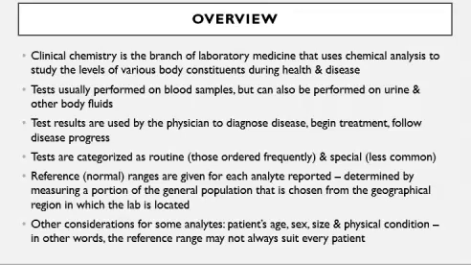We can perform chemical analysis on all kinds of different samples from the body, but of course our most common sample that we test on is the blood. We can also test on urine samples or different body fluids such as spinal fluid or abdominal fluid.